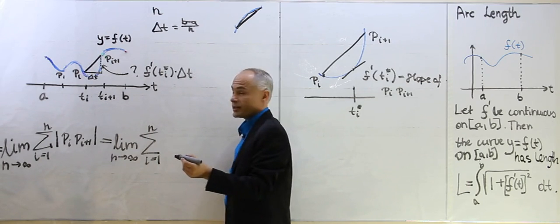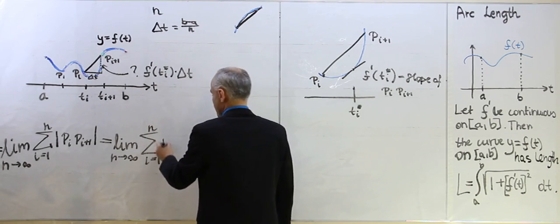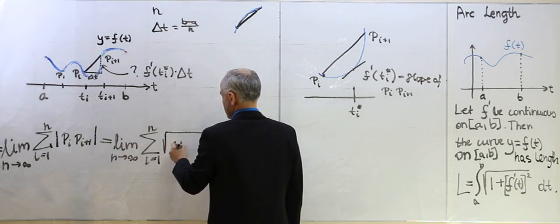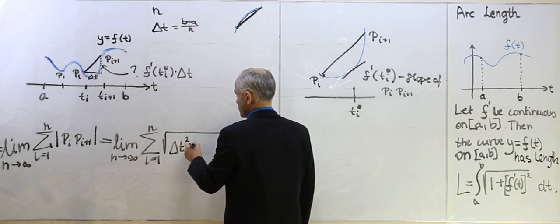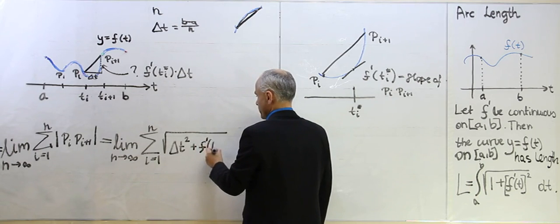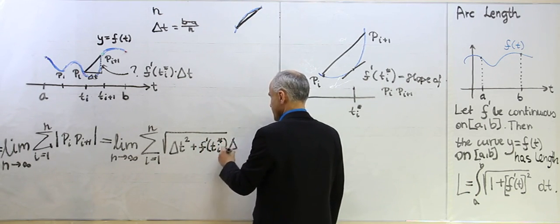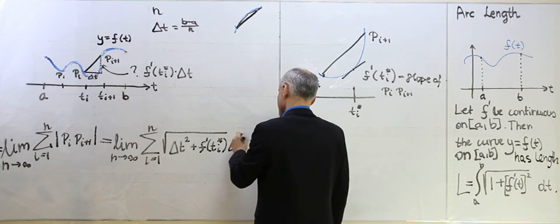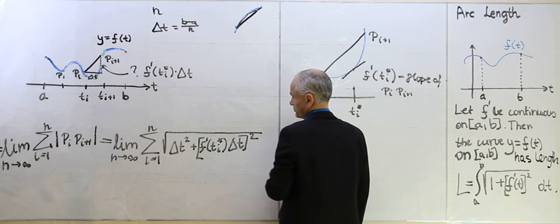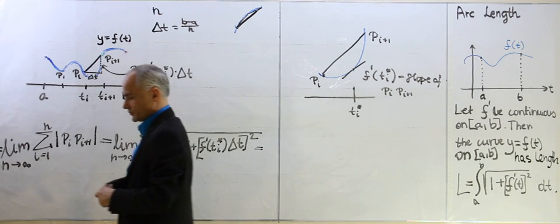So how does it go? It's the square root of delta t squared plus the height squared, right? So f prime of ti star times delta t, all of it squared. What do I do next?